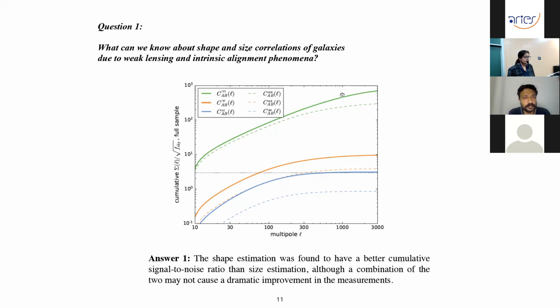We see that we have a better cumulative signal to noise ratio in the case of shape estimation compared to size estimation. And if you combine them or cross correlate them, it doesn't help you much. So we are quite better off with the shape information itself. We don't really need to go into size estimation much. It's enough for our purpose.